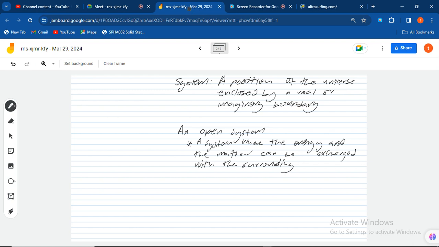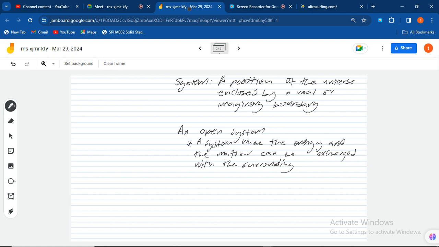Both energy and matter can be exchanged with the surrounding. That is what we call an open system.